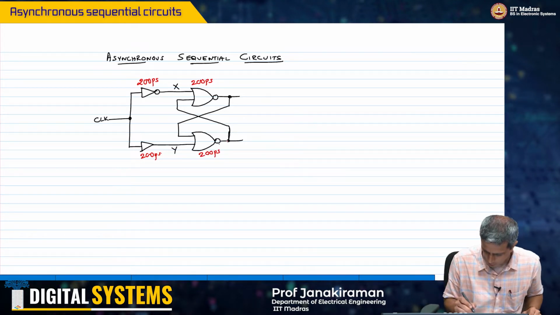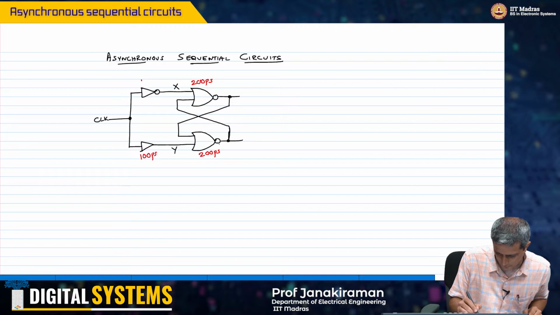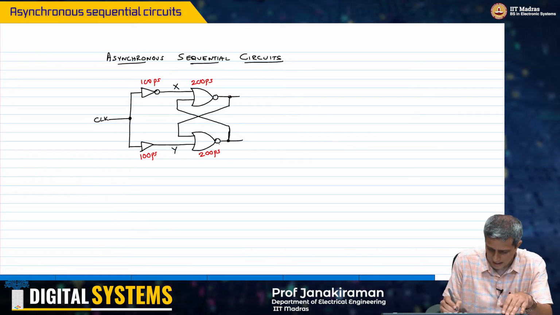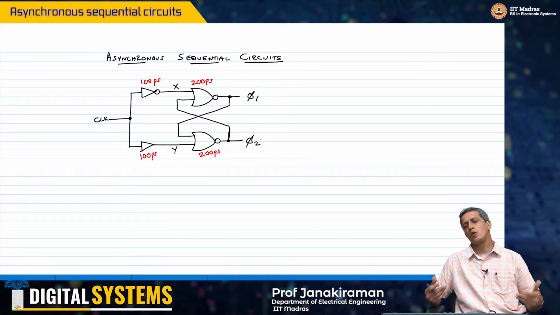Or just to make it different, maybe I'll make this 100 picoseconds, just to keep these two as different numbers for now. Okay, and what I am saying now is my phi 1 and phi 2 are essentially going to come out as non-overlapping clocks.